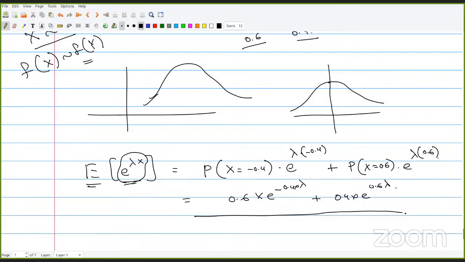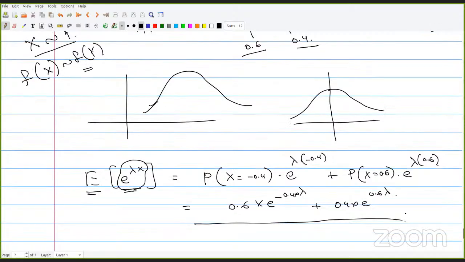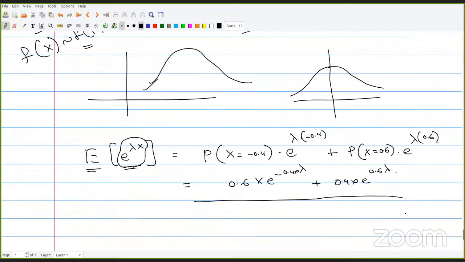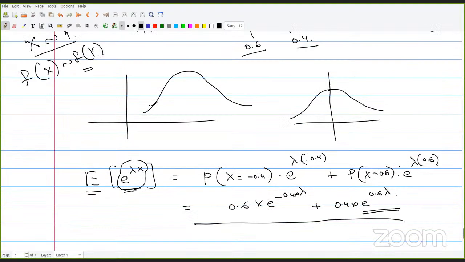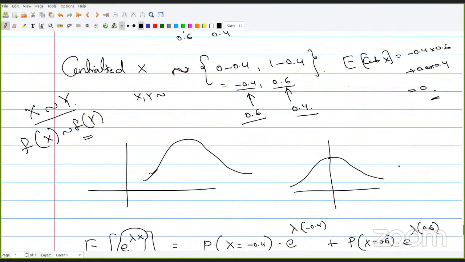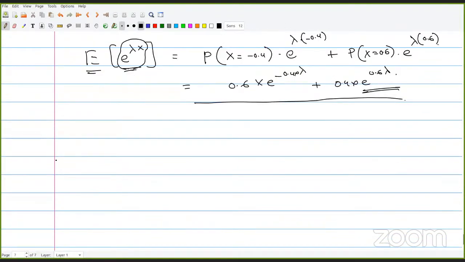So from this, what do we get actually? What is the physical meaning of the moment generating function? What do we call a moment? What are we generating? If you expand this e to the power lambda x, what is the expansion of e to the power x? 1 plus x by 1 factorial, plus x square by 2 factorial, plus x cube by 3 factorial, and so on.